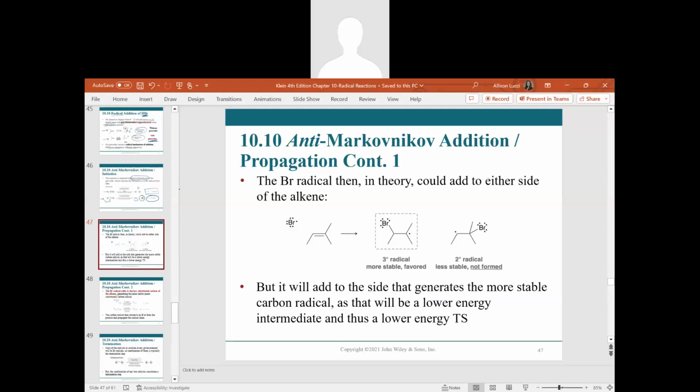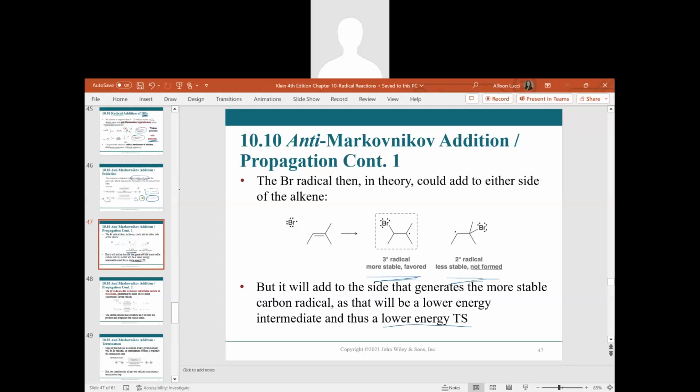We're reminded that there's this lower energy transition state that results when we end up with a tertiary radical versus a secondary radical.